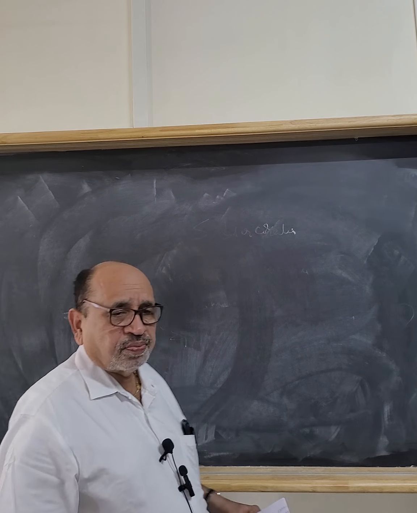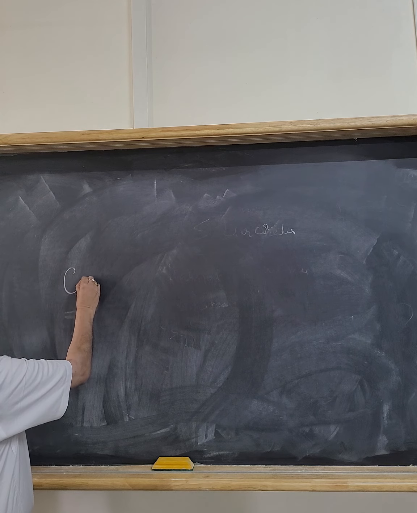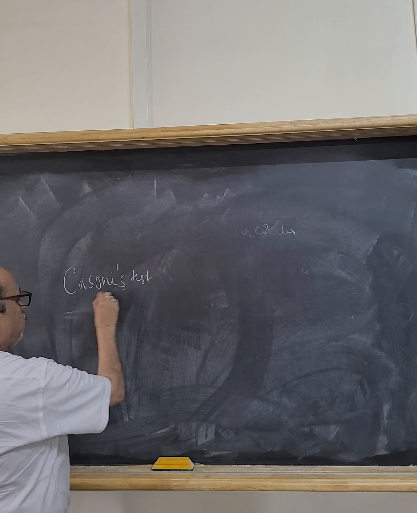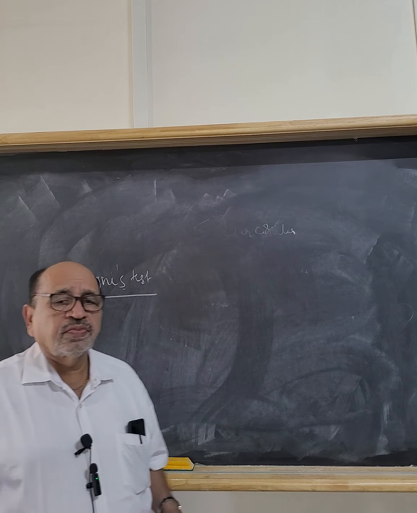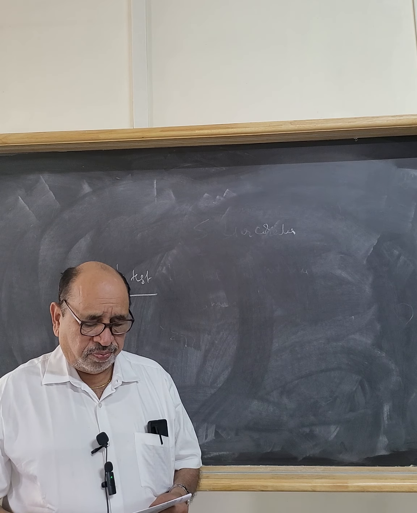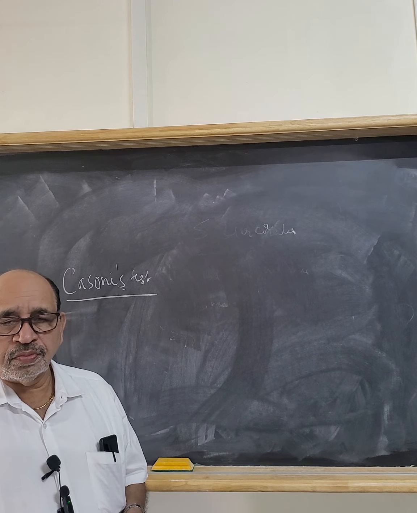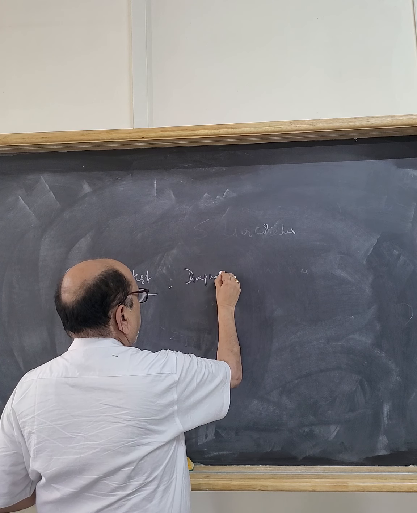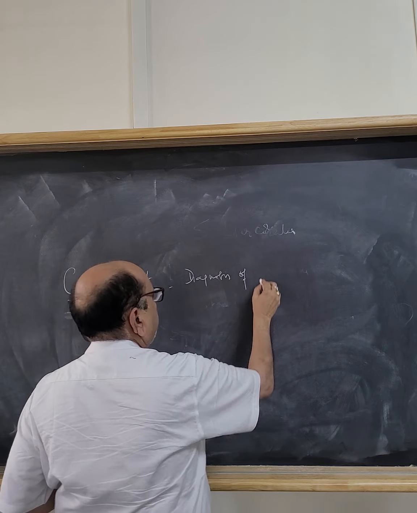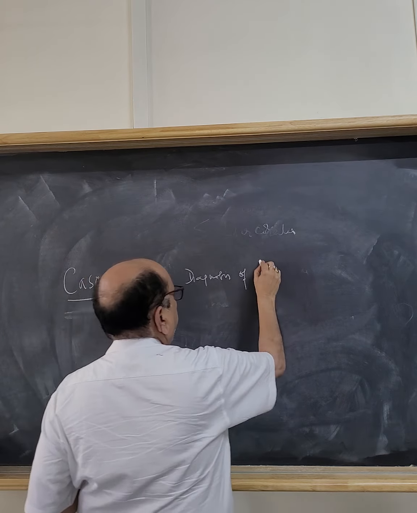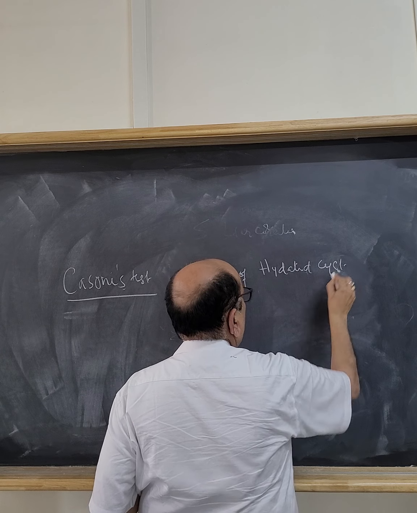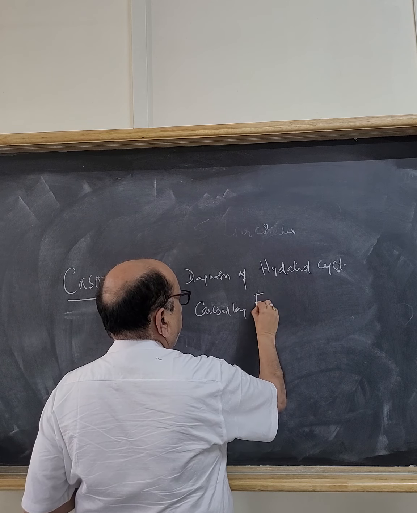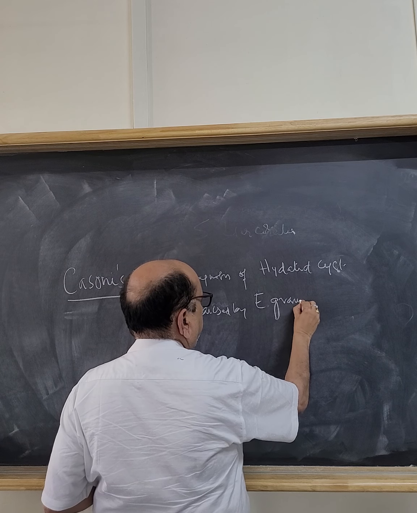Where do you do Casoni's test? Casoni's test is done for the diagnosis of hydatid cyst caused by Echinococcus granulosus.